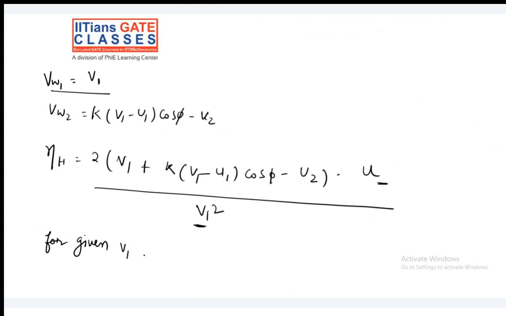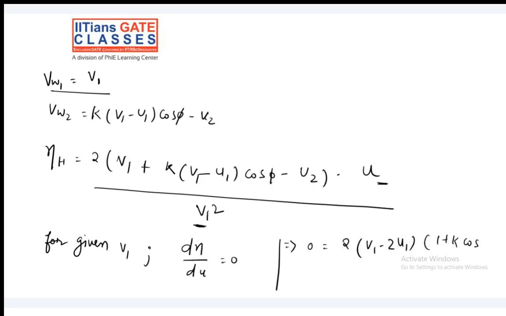For given V1, the only variable is U. So for maximum efficiency, can I do d eta upon dU equal to 0? When we do this, I can say that 0 is equal to 2 times V1 minus 4U into (1 plus K cos phi), divided by V1 square.